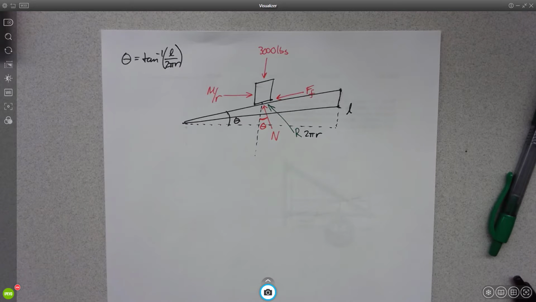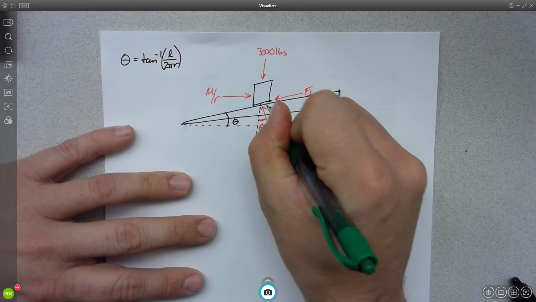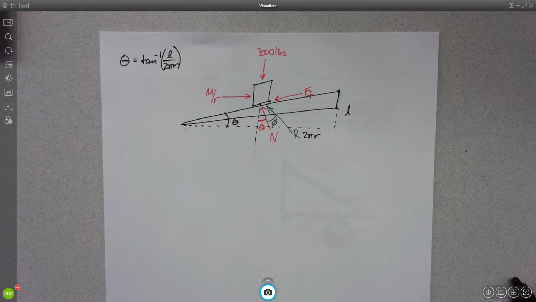And I'm going to call phi the angle between that resultant and the normal.